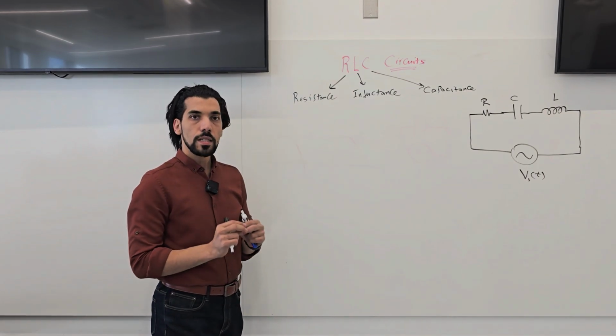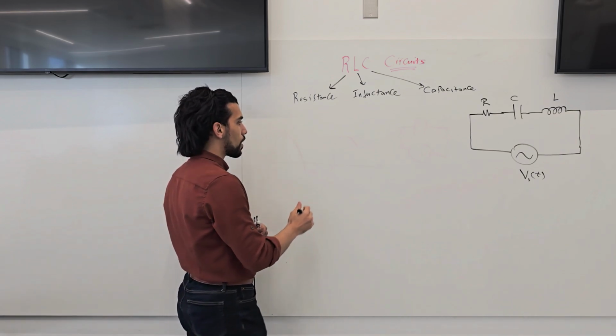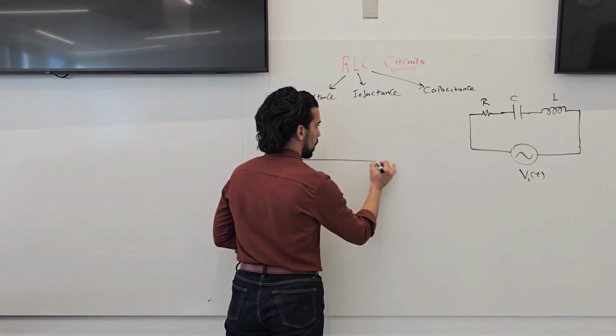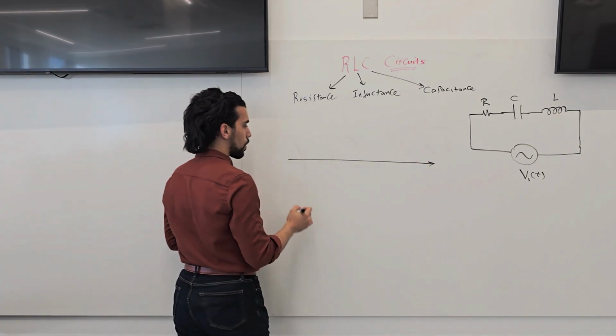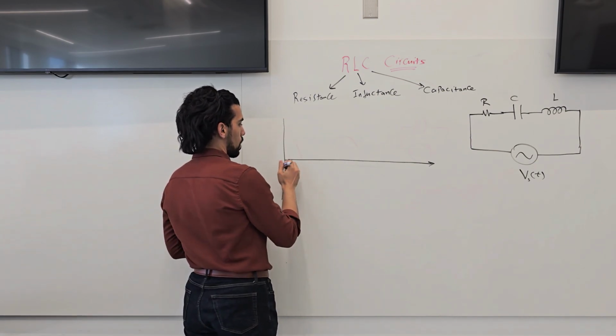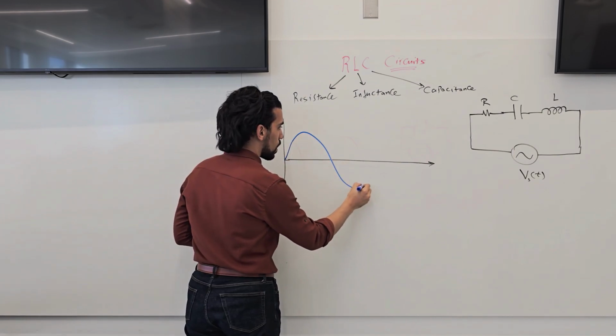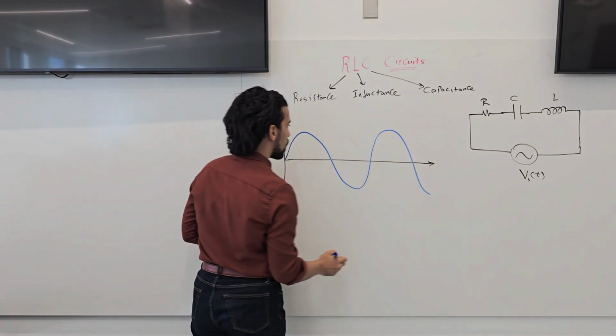So here there are some points that we would like to talk about first. First, if you have a sine wave, let's say it starts here from 0, and goes up and down.